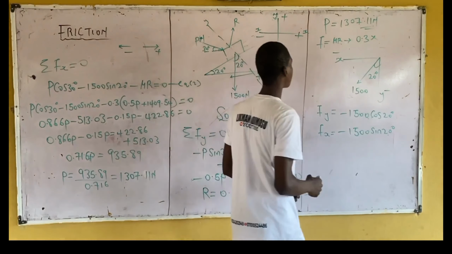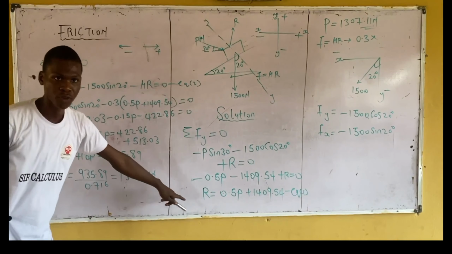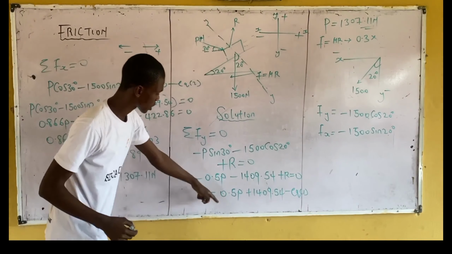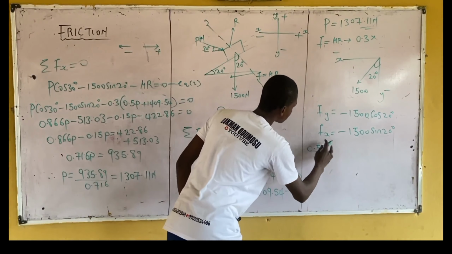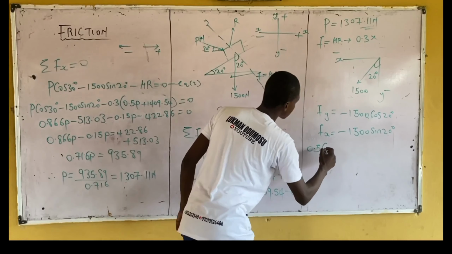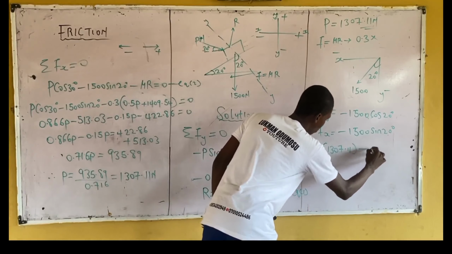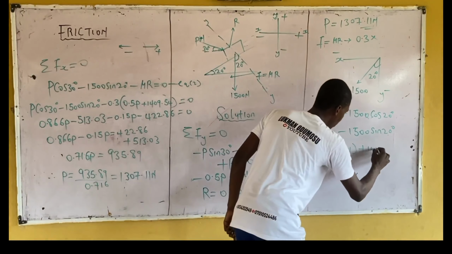What's the value of R? We've not solved the value of R here. From equation 1, let's substitute the value of P that we got. And that's 0.5 times, let's say into bracket, 1307.11 plus 1409.54. Let's get the answer.